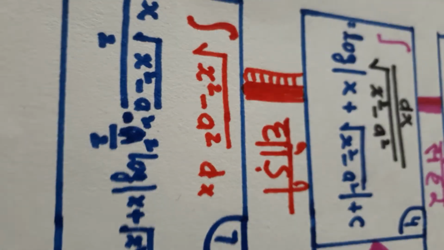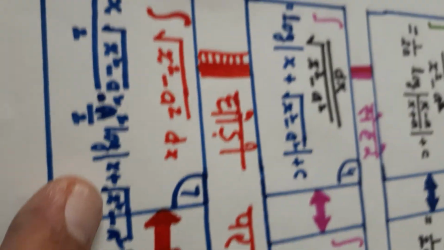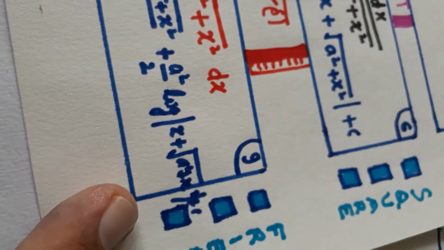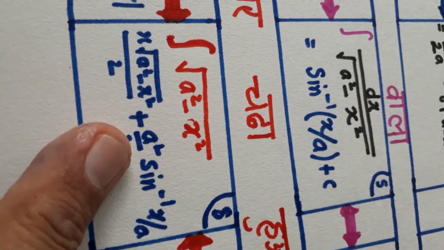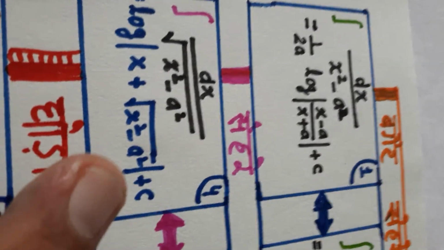So now what we notice, out of the three, two are in terms of log and one is in terms of inverse.